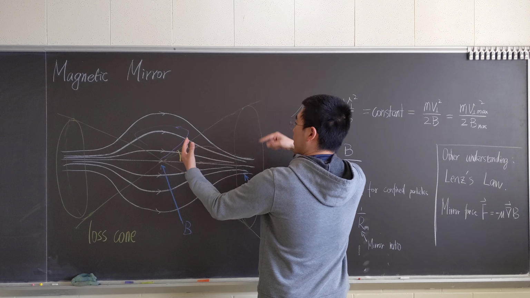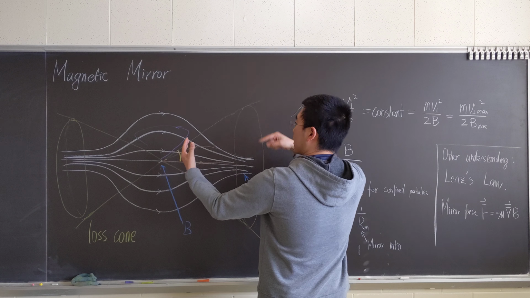So using this, we have V perpendicular squared over V perpendicular squared max equals B over B max. As the argument that I made, basically when this becomes a maximum, there should not be any parallel velocity if the particle is confined.